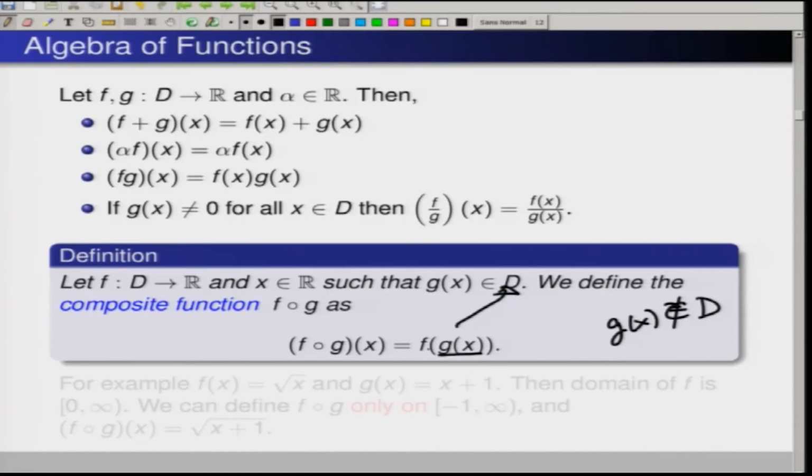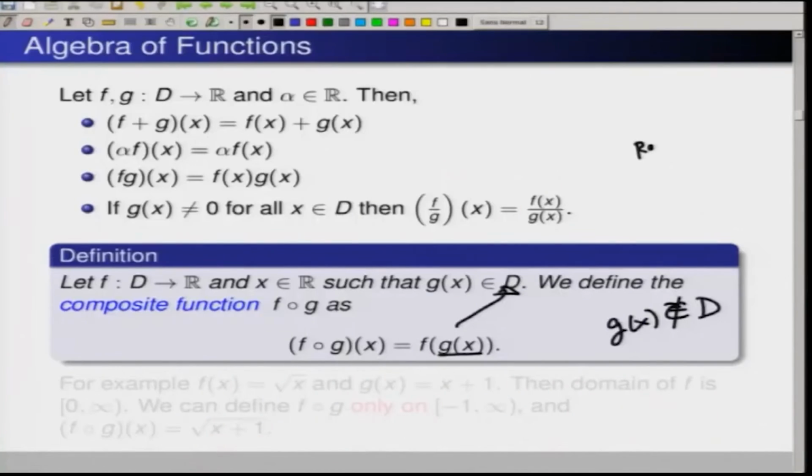Therefore, here we have to be careful that essentially the range of g should be contained in the domain of f. Then we can define it.